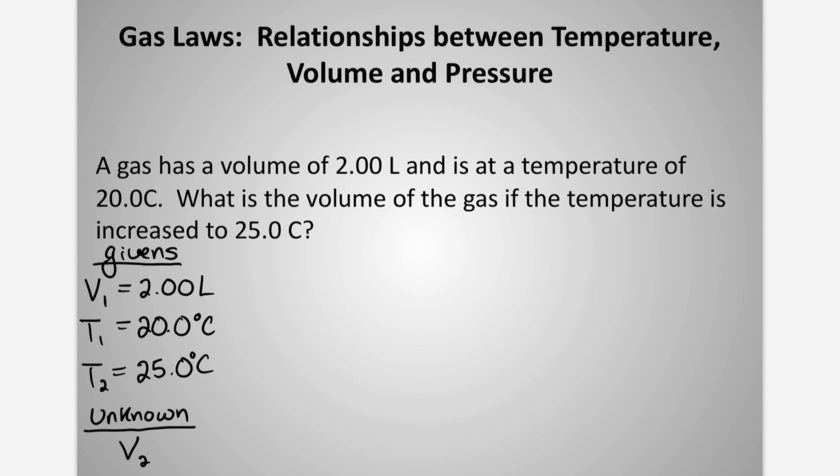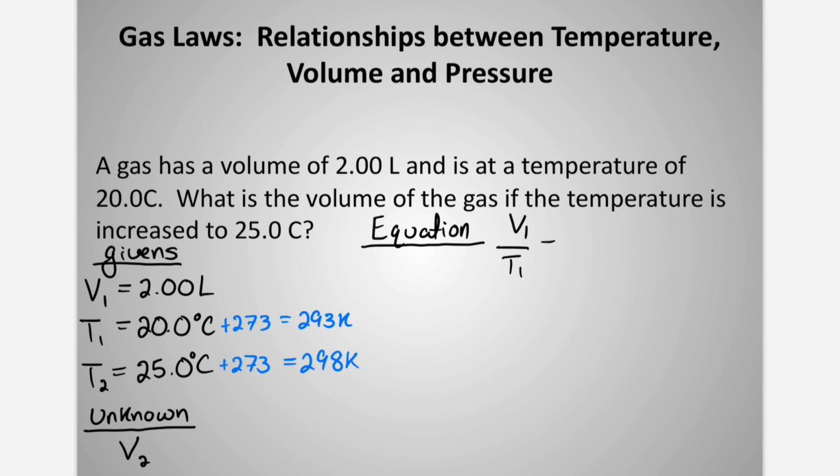Well, again, first thing I'm going to do before I think about anything else, convert Celsius temperature to Kelvin. Then I'm going to figure out my equation. Well, if we're dealing with volume and temperature, I know my initial equation is volume 1 over temperature 1 equals volume 2 over temperature 2.